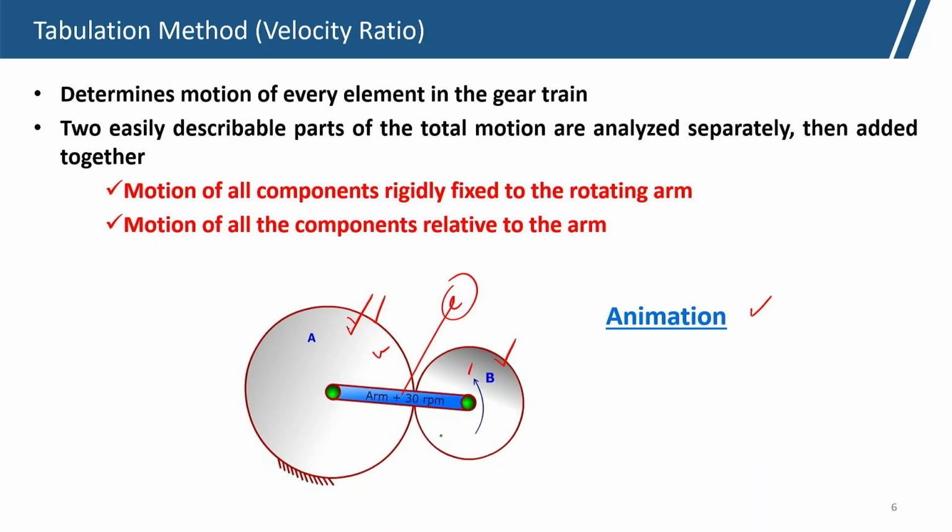This tabular method determines the motion of every element in the gear; two easily describable parts of the total motion are analyzed separately and then added together, as we discussed in the comber. Motion of all components is rigidly fixed to the rotating arm, and motion of all the components relative to the arm.